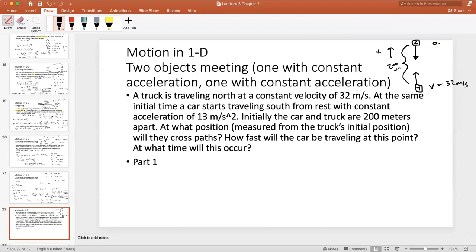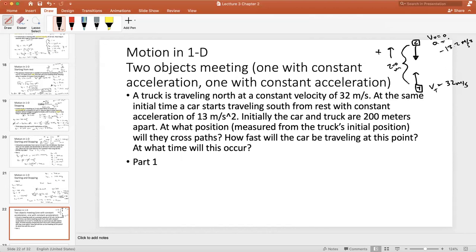So the car has acceleration, but no initial velocity. Acceleration is 13 meters per second squared. Is it positive or negative? It's negative because the car is heading down, and I decided that up would be positive. I could have down be positive, that's perfectly fine. But if I do have down being positive, v is going to be, this is v of the truck, by the way, v would be negative.